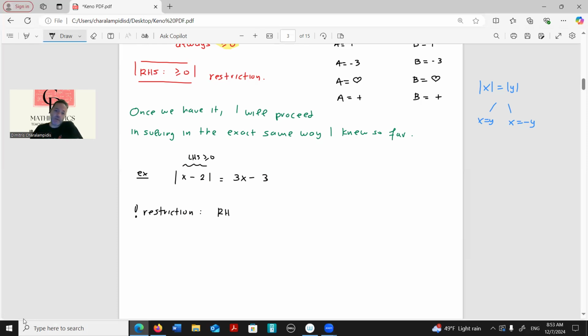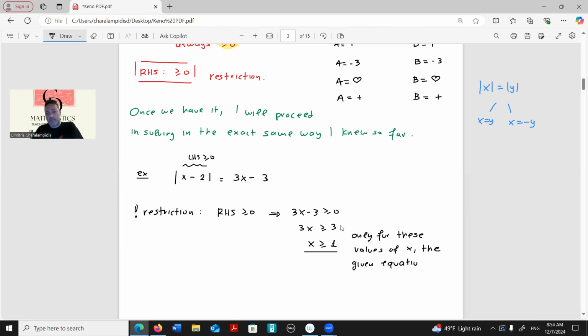The right-hand side as well should be greater or equal than 0, which means that 3x minus 3 should be greater or equal than 0, which means that now we need to solve for x. 3x greater or equal than 3, x should be greater or equal than 1, which means that only for these values of x, the given equation makes sense. We'll keep that for now, and we will return in the end.